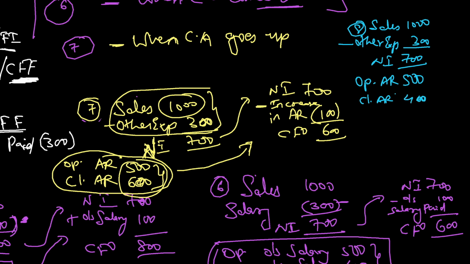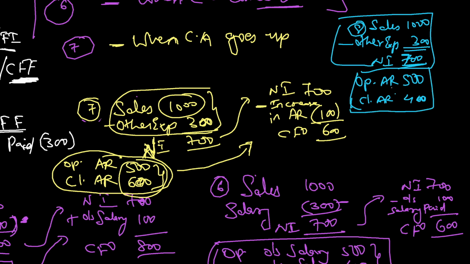So what does this indicate? This indicates that I have 700 net profit as per the income statement. However, I have also received 100 more, which is, let's say, last year's credit sales. So 500 has become 400. That means I have received 100 more over here.